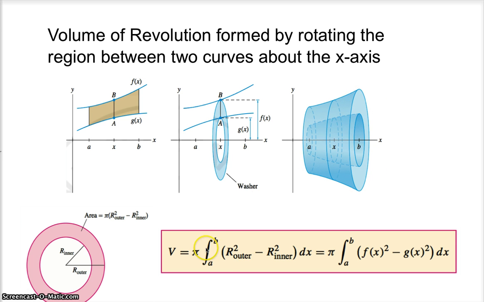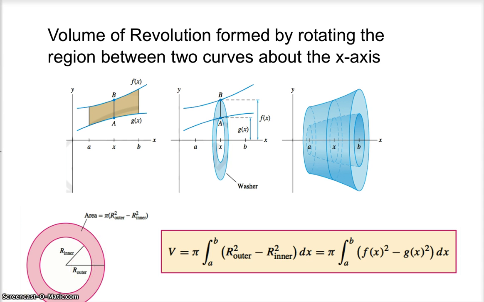So that calculation should come first, and then the smaller radius would be g of x, and you would subtract. So the calculation would be pi times the integral of f of x squared minus g of x squared.